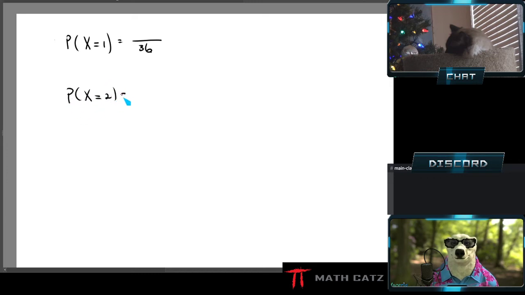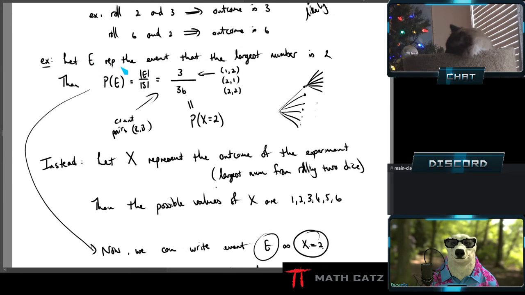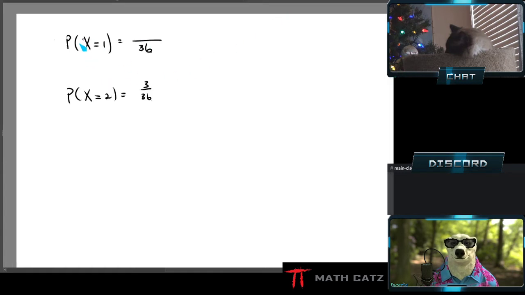We've already seen this one was 3 out of 36 because it was exactly the same as the event E. But instead of defining new events, I just refer to different values of x. So now I have to understand what I'm reading here. X equal to 1 is just the name of an event. What is the event? The event that the largest number is a 1. How many ways can I get that? By rolling 2 ones. There's only one way.